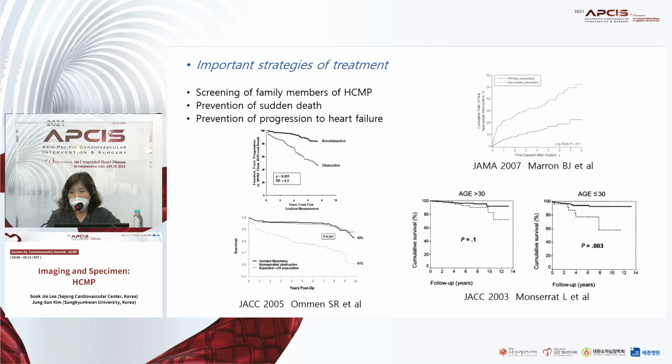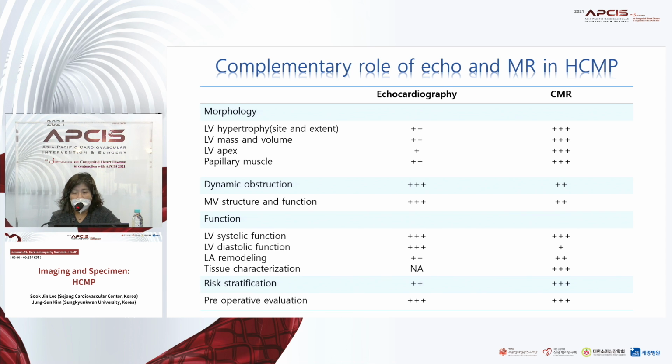And when you find an appropriate patient with high risk of sudden cardiac death, such as severe LVH in the young population, we can save their lives by implanting ICDs.